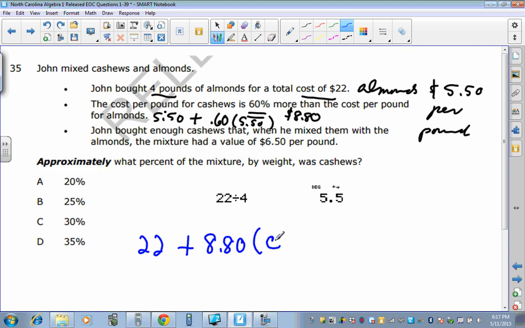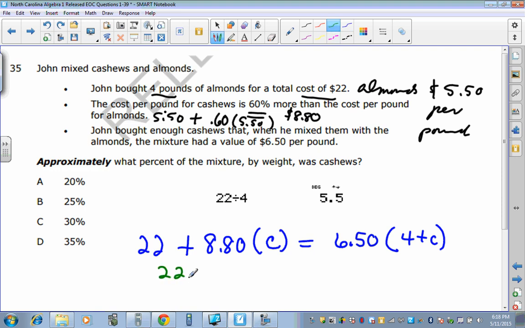Altogether, the mixture had a value of $6.50 per pound, and that was 4 pounds of almonds plus those cashews.